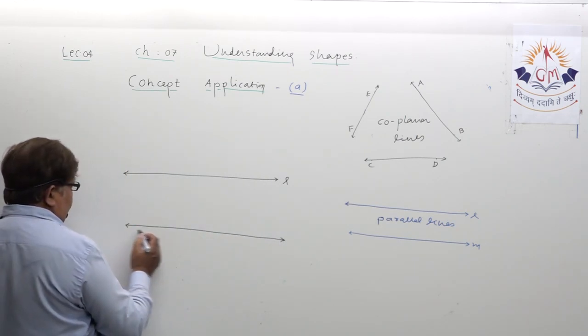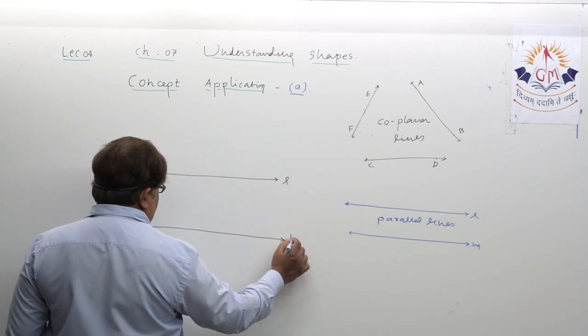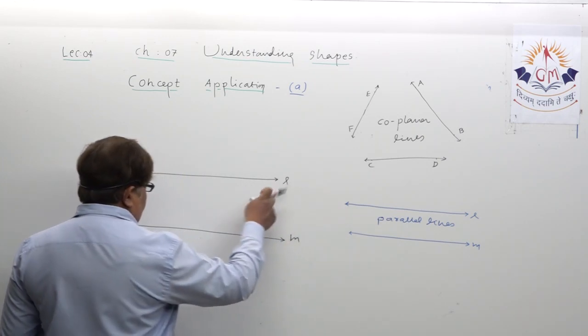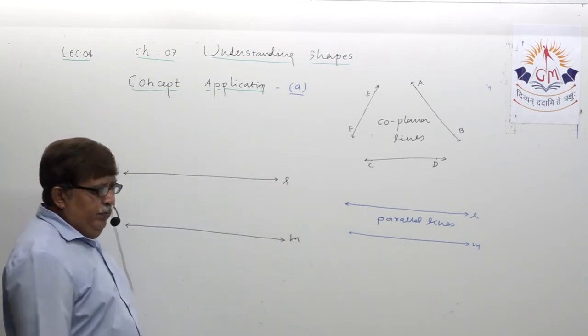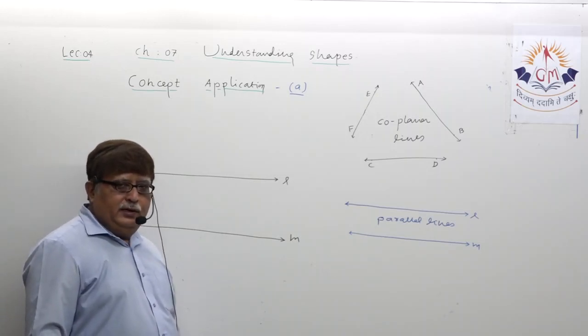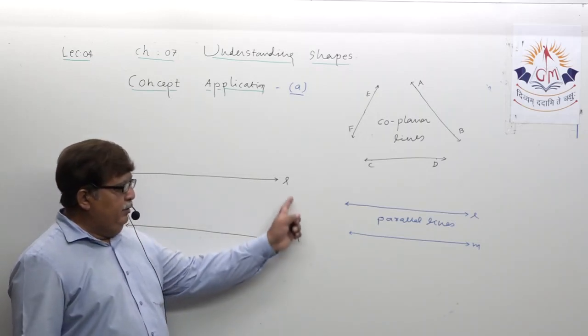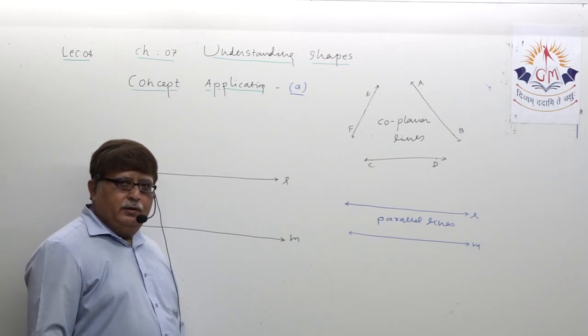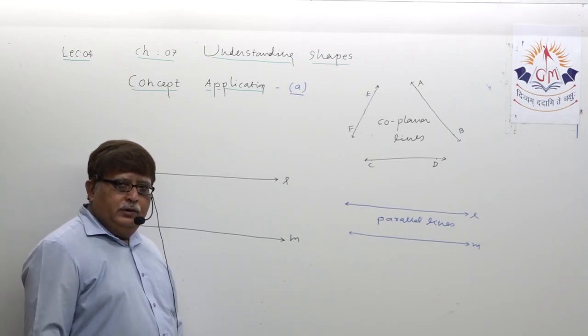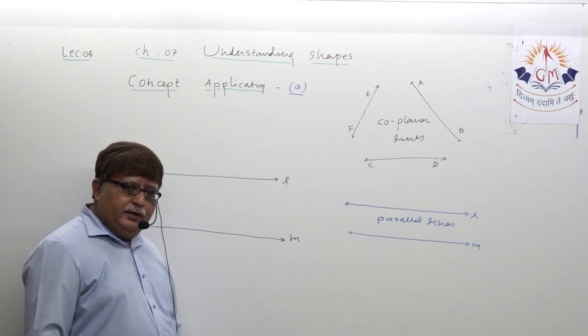I am not saying that these two lines, though they look parallel, are parallel lines. Never. I am only saying that lines L and M are coplanar lines.